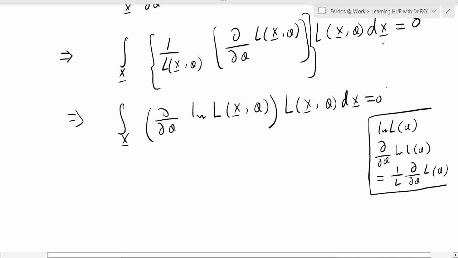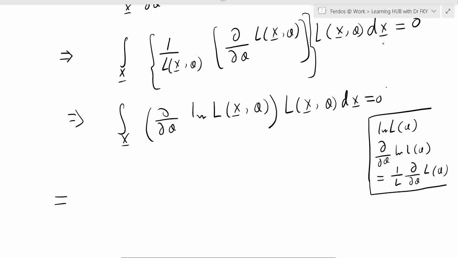So now you can see, look at this. This is the expected value of this thing, simply the expected value of this thing with the partial derivative, of course. So this means that this is the quantity and this is the distribution.